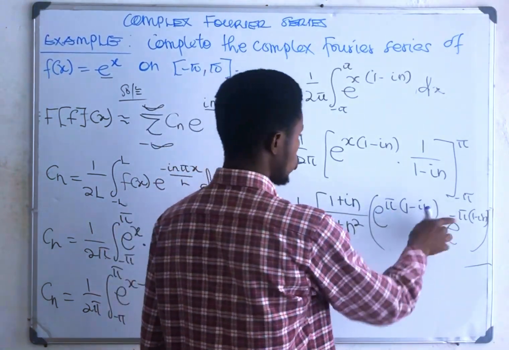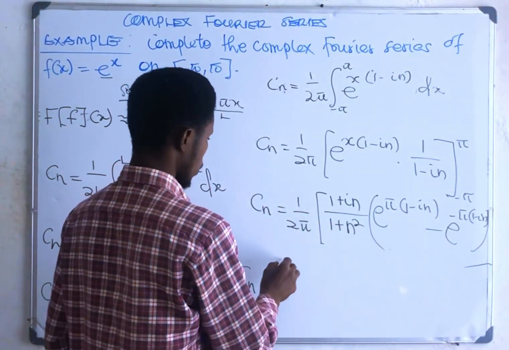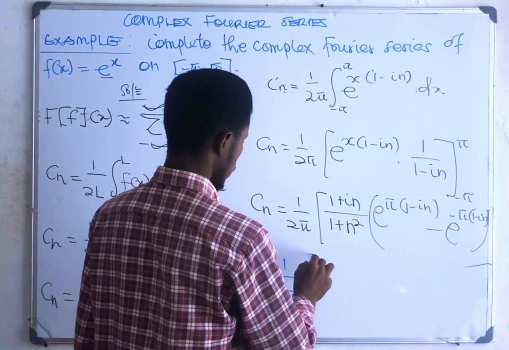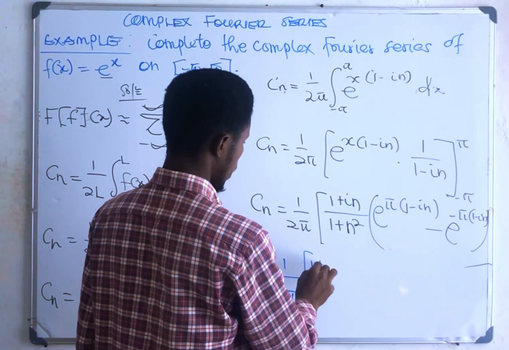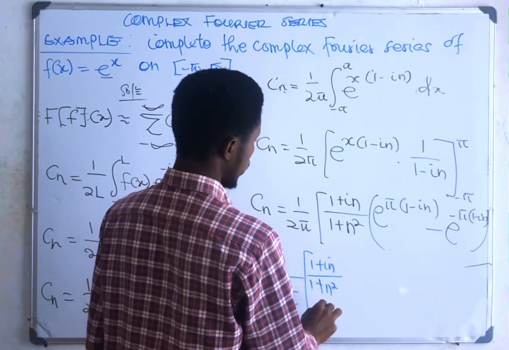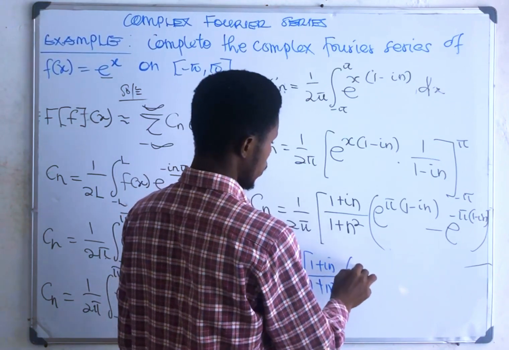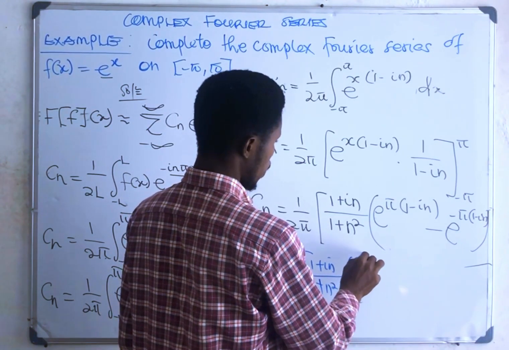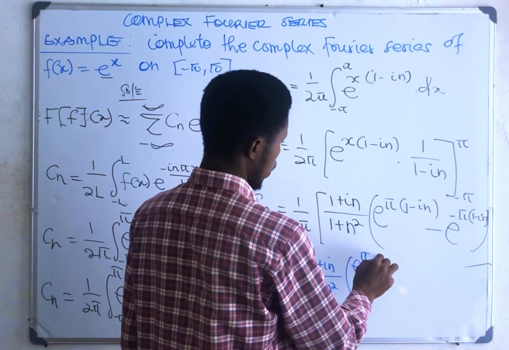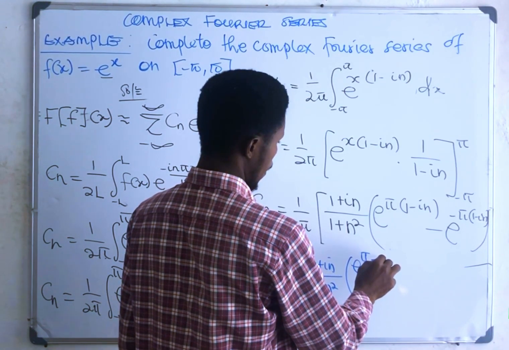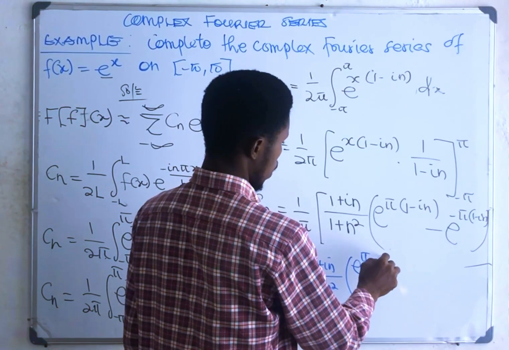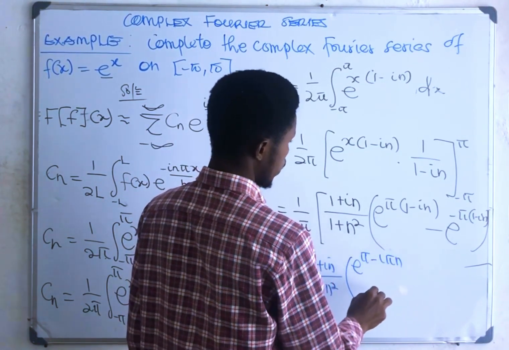Let me multiply the pi through and see what you are going to get. 1 over 2 pi, 1 plus i n over 1 plus n squared. If I multiply through, I'm going to have e to the power pi minus i pi n. Is that okay?